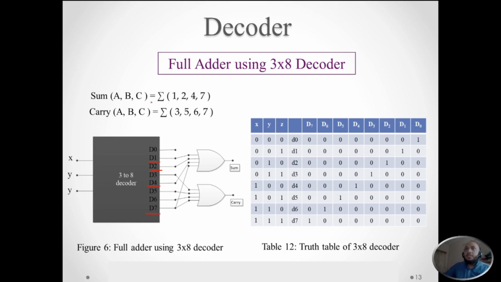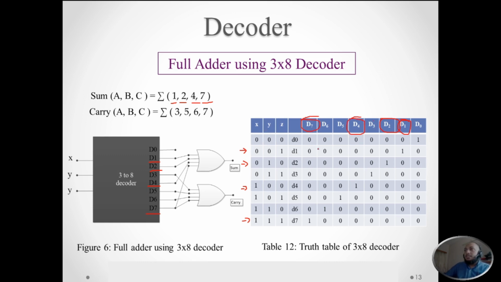For sum we need 1 in the positions 1 2 4 7. So let's see if we are getting the ones in those positions or not. We want D1, D2, D4 and D7.